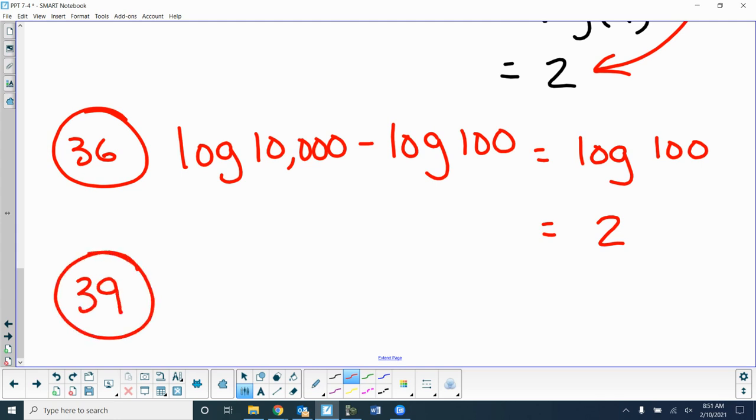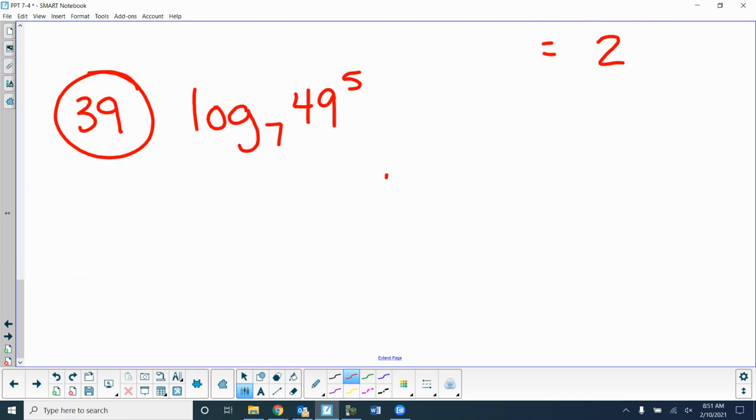Number 39. Simplify if possible. It says log base 7 of 49 to the 5th. So we got a subscript, we got a base, and we got an exponent. What rule did we learn? Yeah, take the 5, the exponent, and multiply it by the log.